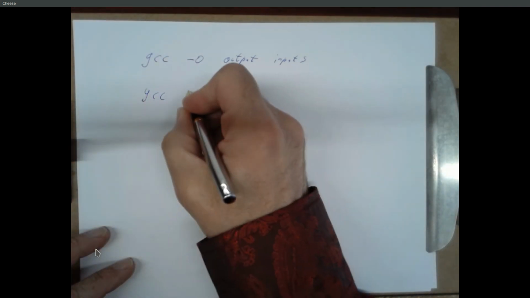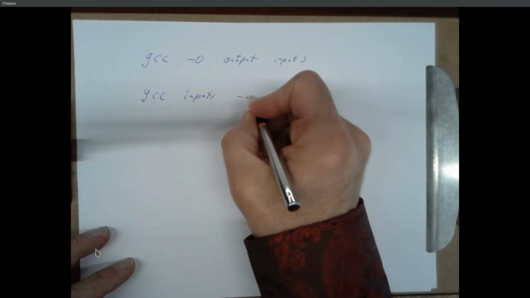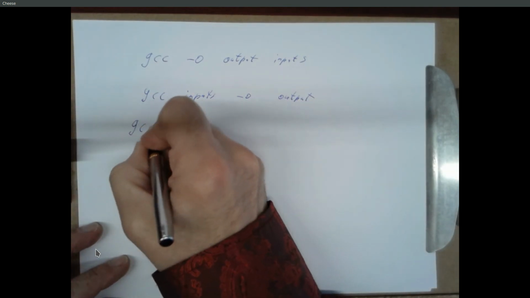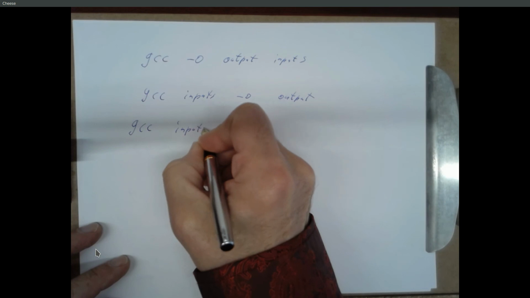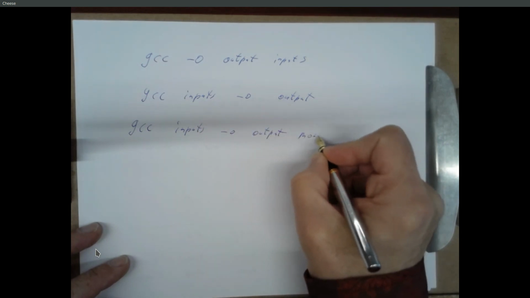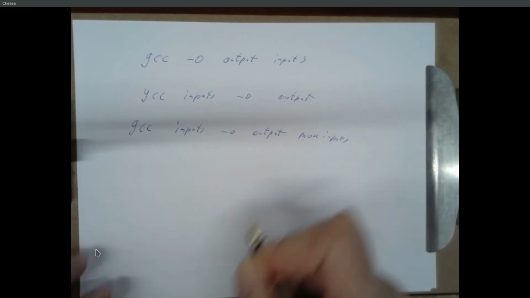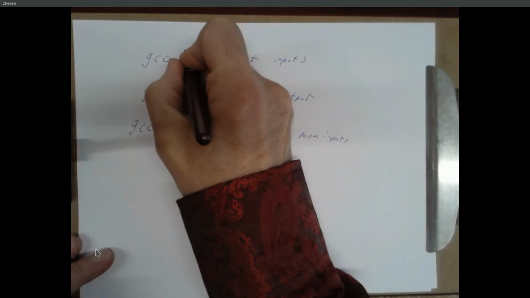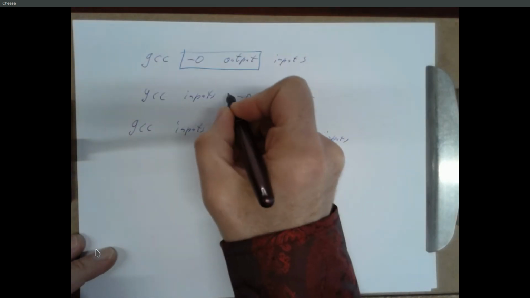Or I could say gcc inputs -o output. Or I could even say gcc inputs -o output and more inputs. Right, all of these are valid. The important thing is that -o is followed by the name of an output file.